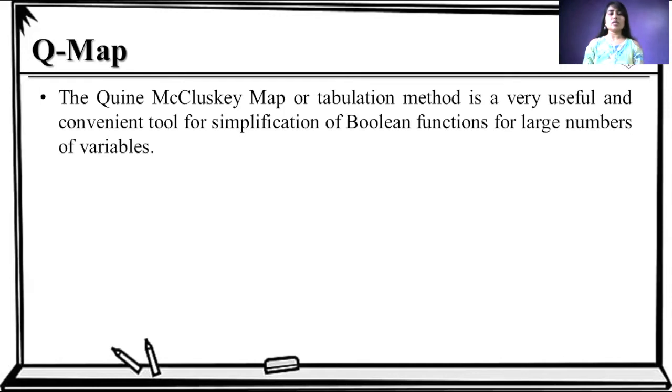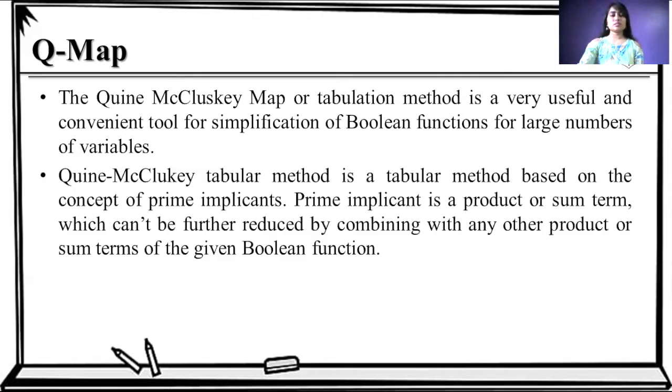The Quine-McCluskey map, or say tabulation method, is a very useful and convenient tool for simplification of Boolean function for a large number of variables. Quine-McCluskey tabular method is a tabular method based on the concept of prime implicants.